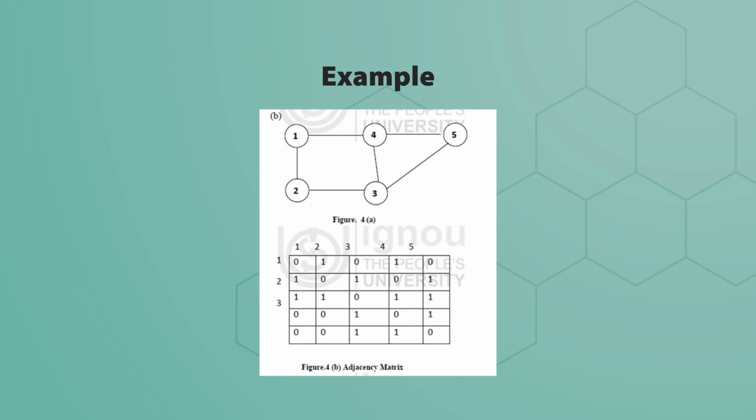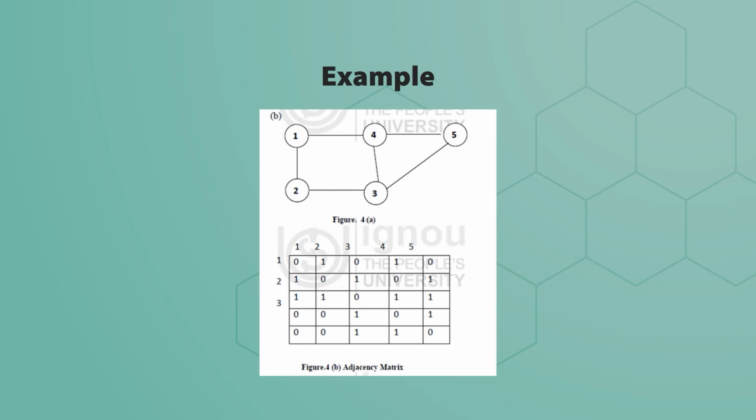Similarly, from 2 to 1 there exists an edge, so you can place 1. 2 to 2 there is no edge, so an edge between the same vertex will be marked as 0, and an edge between different vertices will be marked as 1.